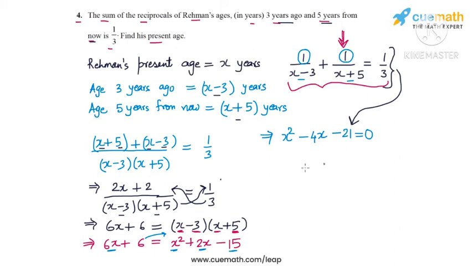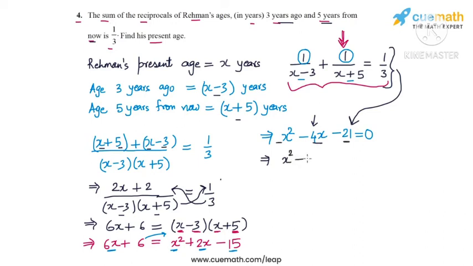And now this quadratic equation is easy to solve. We can simply split the middle term, or we can apply the quadratic formula. So let's split the middle term. So we need two numbers whose sum is equal to minus 4 and whose product is equal to 1 into minus 21. So we can split minus 4x as minus 7x plus 3x.